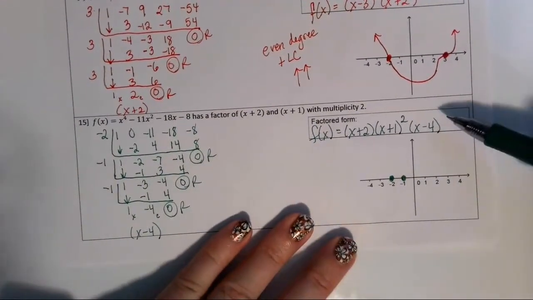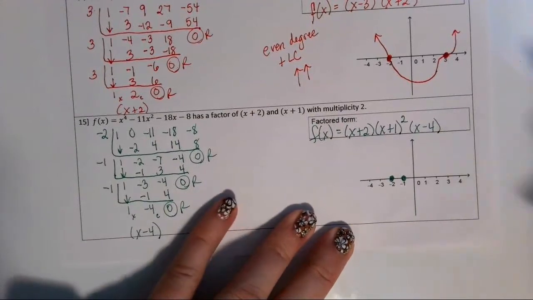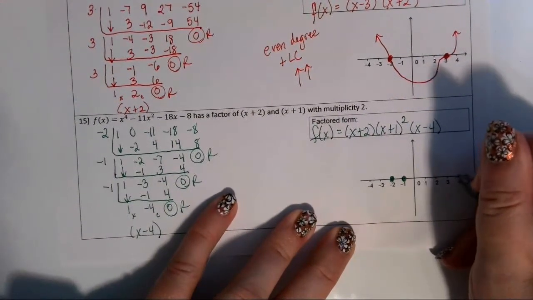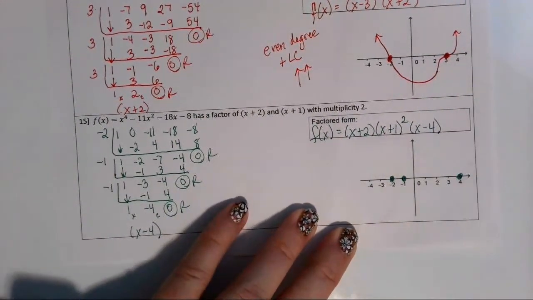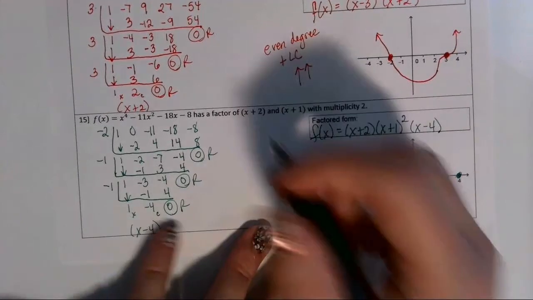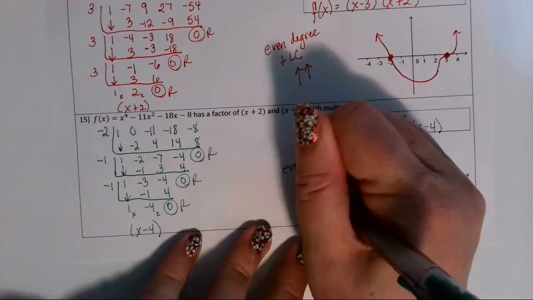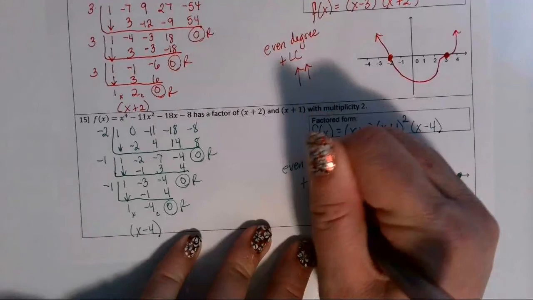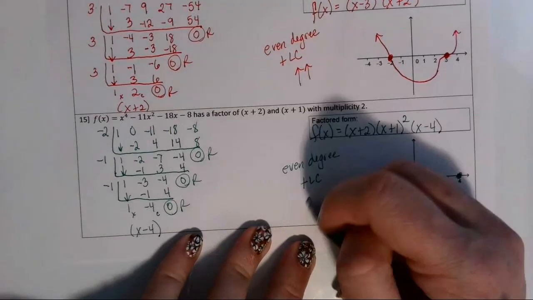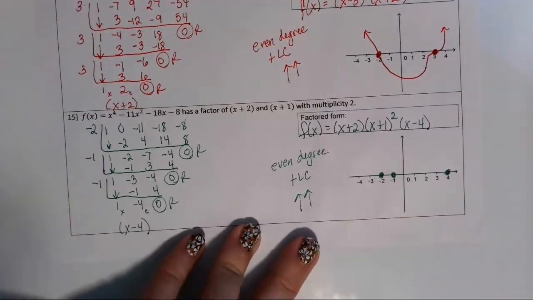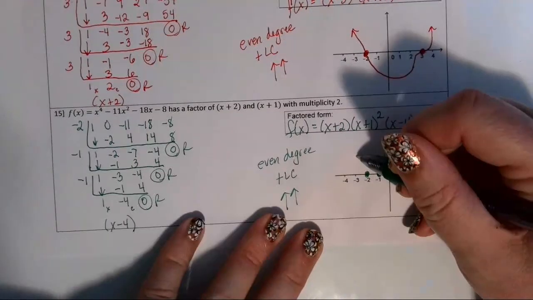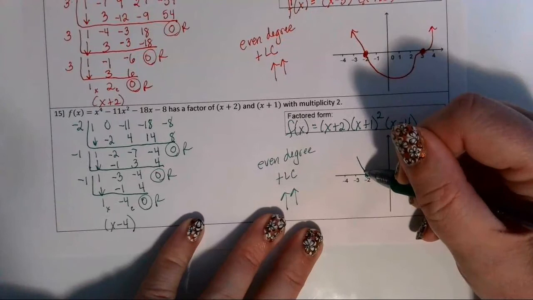So the 0 corresponding with that linear factor of x minus 4 is positive 4. This is an even degree and a positive leading coefficient, so both ends are pointing up with the leading coefficient test, and the graph needs to cross at negative 2.